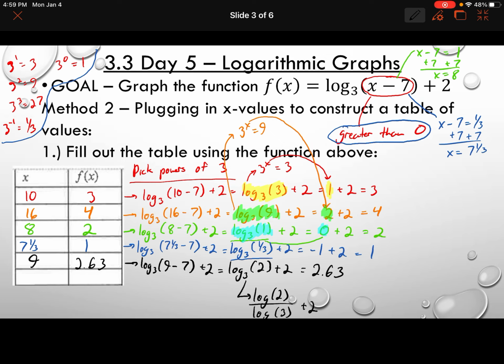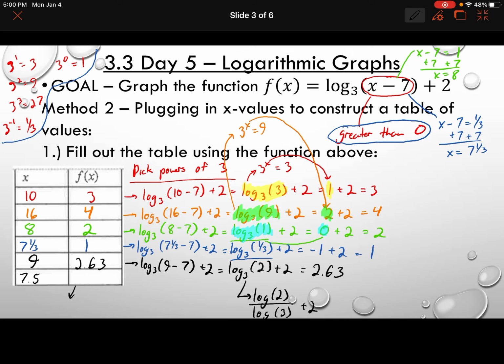And then maybe if we wanted to do one more, let's see, what could we do? We can't do 7 because 7 minus 7 is 0. We can do, let's say, 7.5. I'm going to speed through this a little bit more. 7.5 minus 7 is a half.